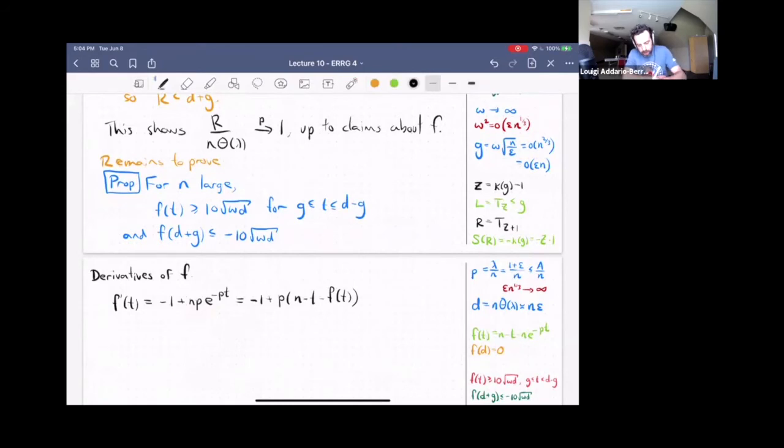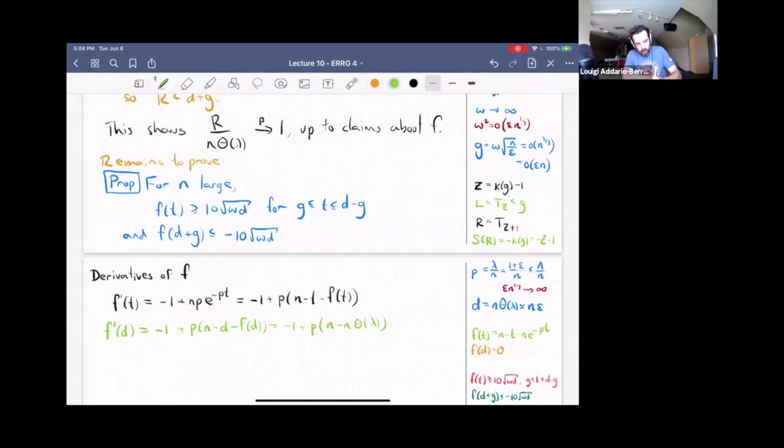The reason I want to write things that way is because then if I look at the derivative evaluated at d, I get minus 1 plus p times n minus d minus f of d, but f of d is 0. So that's just minus 1 plus p times n minus d, and now d is n theta of lambda.